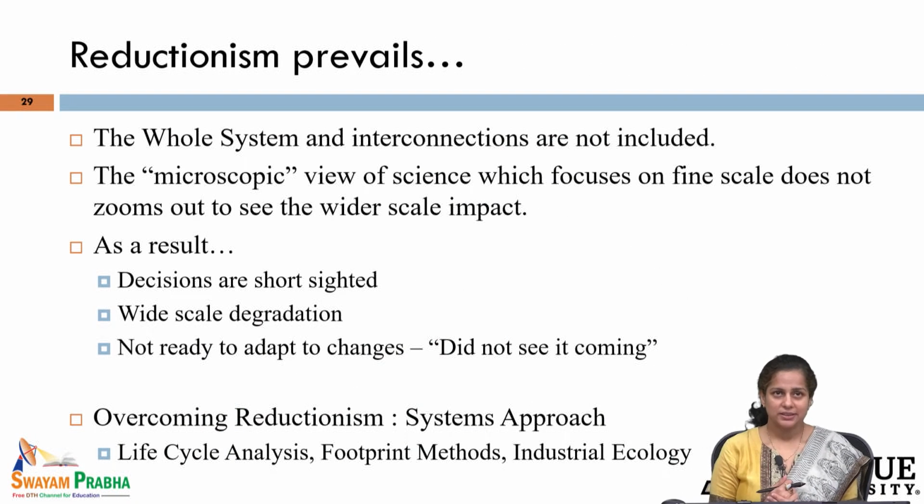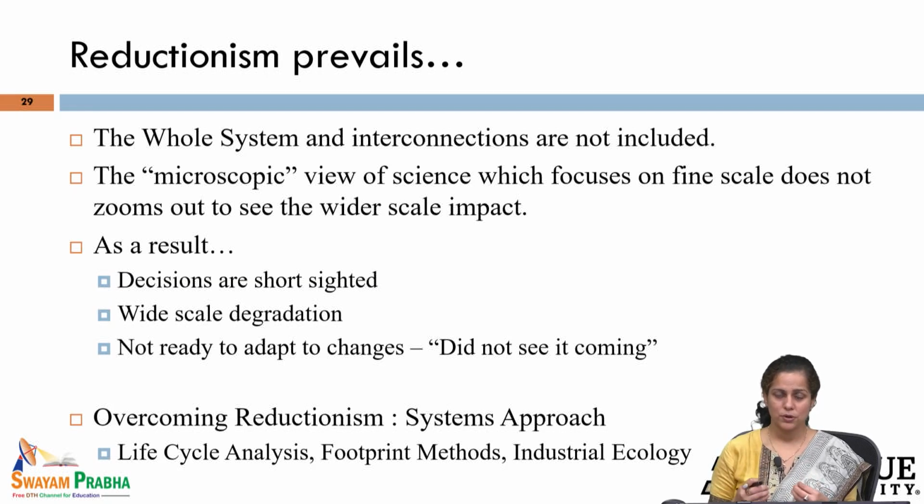So, the challenge is that the reductionism is still there, and the reason is because the whole system and interconnections are not included. It's not easy because when you think about networks, the World Wide Web is a network. Similarly, all the production systems are embedded in a network production system. We do not have visibility, and how do we take account of all these interconnections?